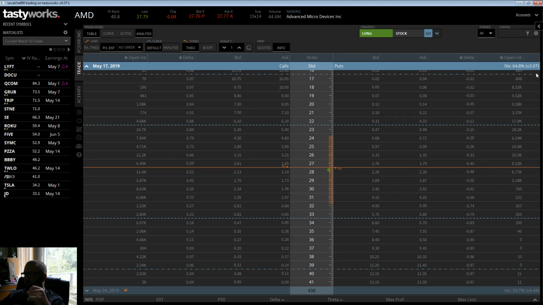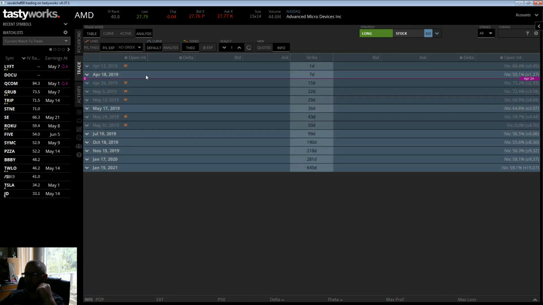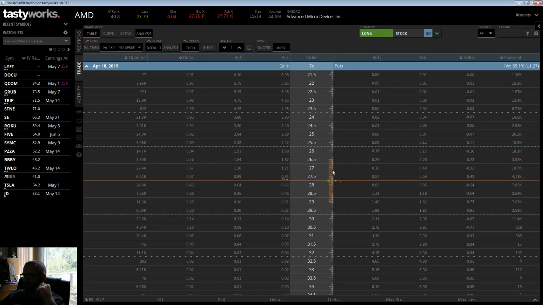That's what you can see all the way over here, $397. So between now and May 17th, AMD may go down $4, may go up $4. Okay, so that's what that is. That's the expected range for that expiration. And if you look, here, it's a little bit smaller. The expected range in the next 7-day cycle is only $1.25. Okay, so that's what the brown ruler is here.